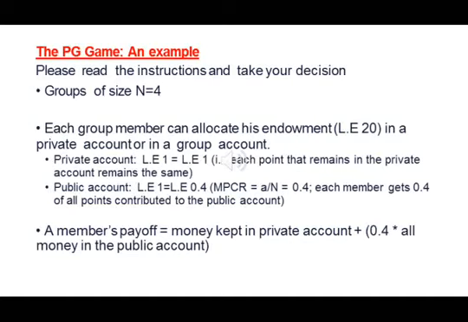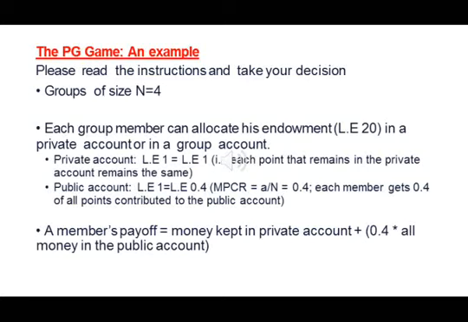And he knows from the rules that any money left in the private account will remain as it is. However, any point that is put in the public account will give each member a return of 0.4. This is, as I said, called marginal per capita return.